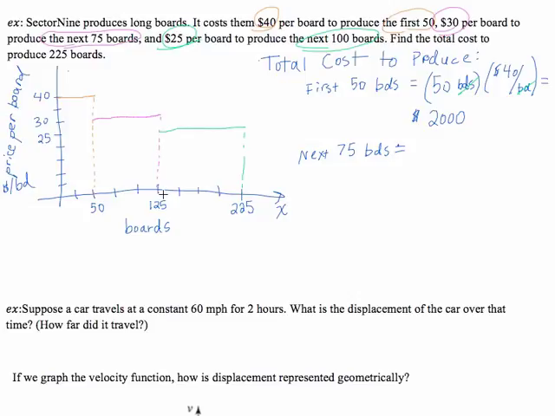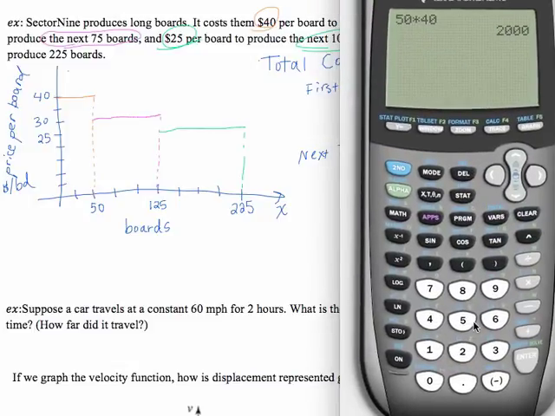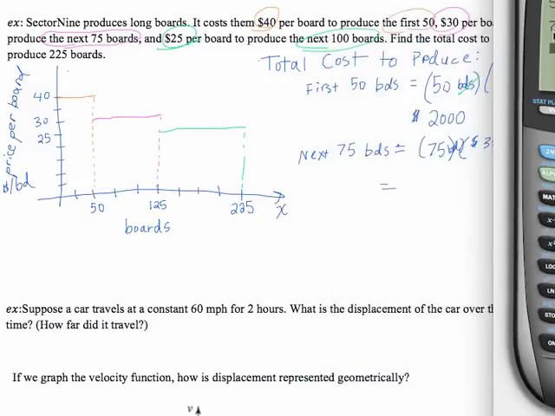There's 75 boards total at a cost of 30 each, so 75 boards times $30 per board. Okay, 75 times 30, I'm going to pull out the calculator for that one. So 75 times 30 is $2,250.